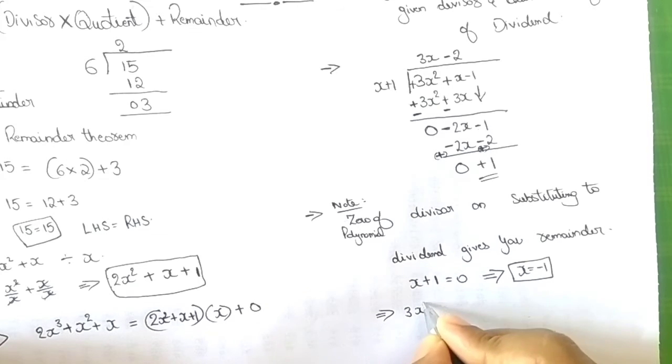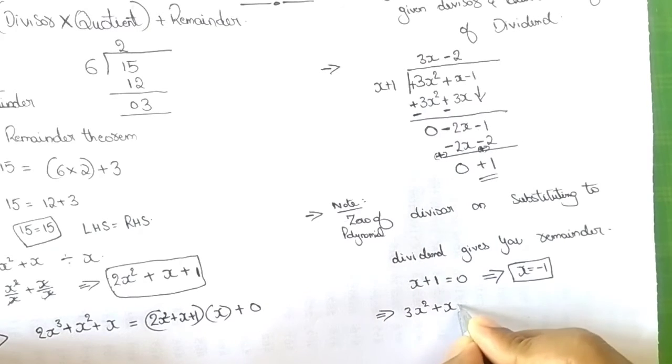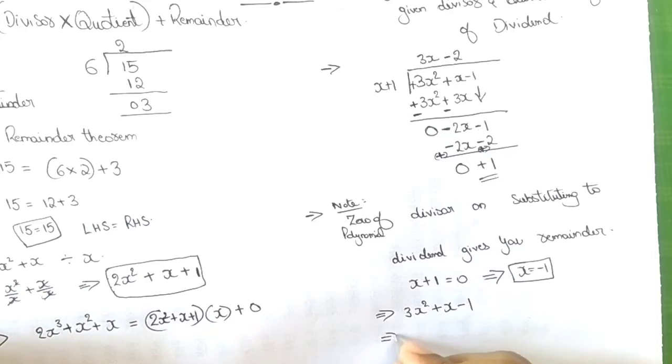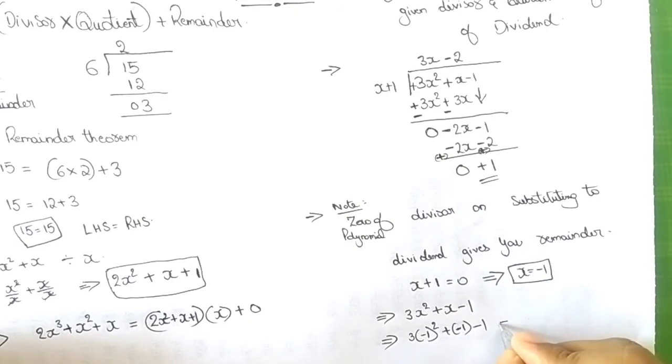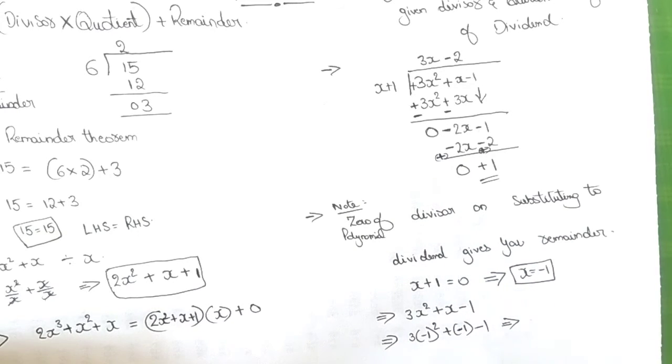The given dividend is 3x square plus x minus 1. Now in the place of x, substitute minus 1: 3 into (minus 1) square plus (minus 1) minus 1. While taking brackets, be careful, you lose marks there. Even I got fewer marks because of carelessness with brackets. The square of a negative term will be positive.